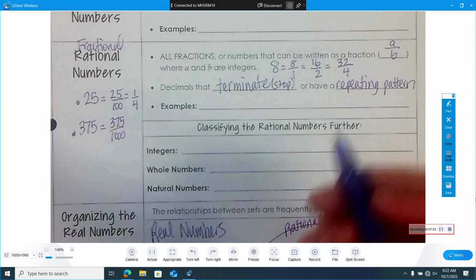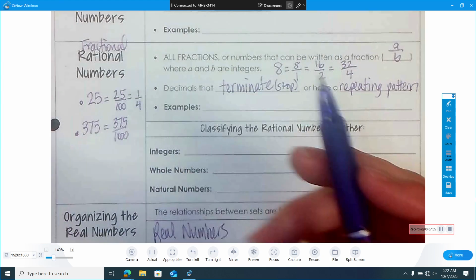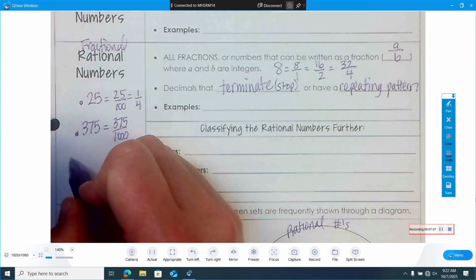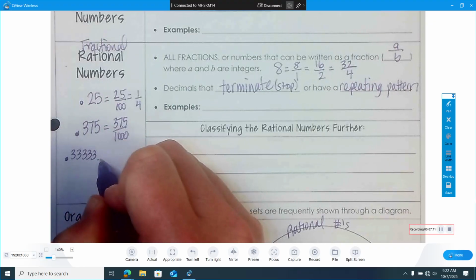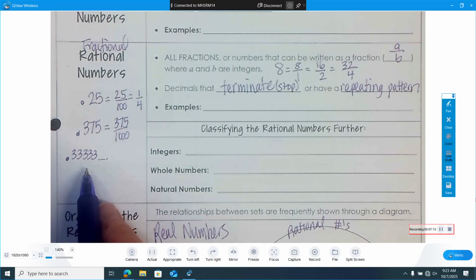So for instance, let's see, repeating patterns. So maybe something like 0.33333 that goes on forever. What do these little dots mean? A lot. Goes on forever. All right.